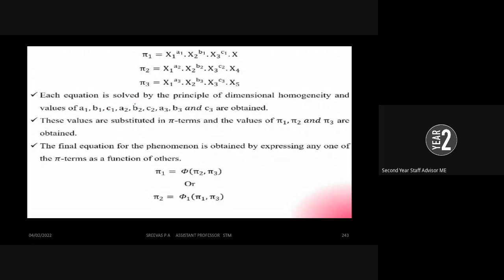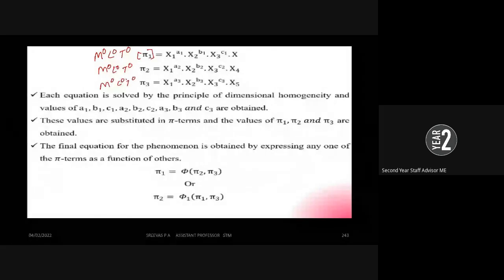Each equation is governed by the principle of dimensional homogeneity. Okay, these values are substituted in the pi terms and the value of pi1 is found. A pi term is a dimensionless term, so its dimension will be M⁰L⁰T⁰. In the case of pi2 also M⁰L⁰T⁰, and here also M⁰L⁰T⁰.